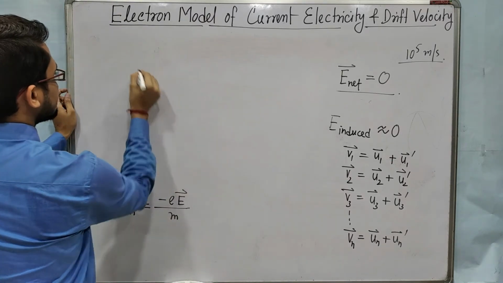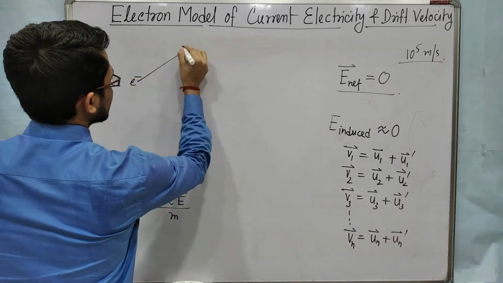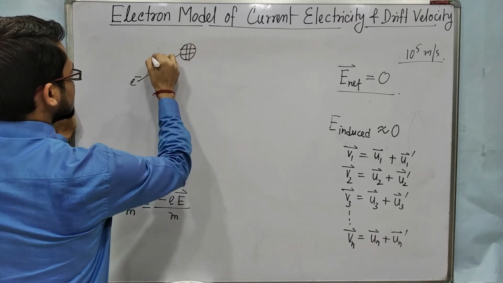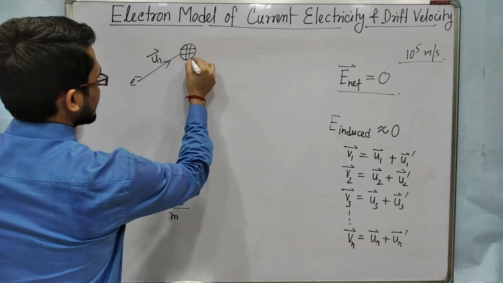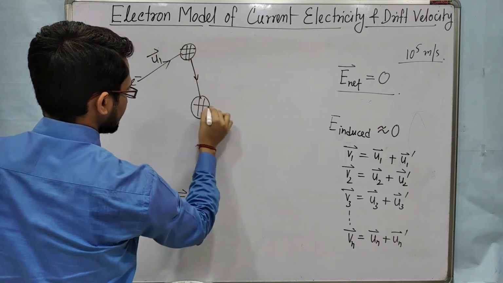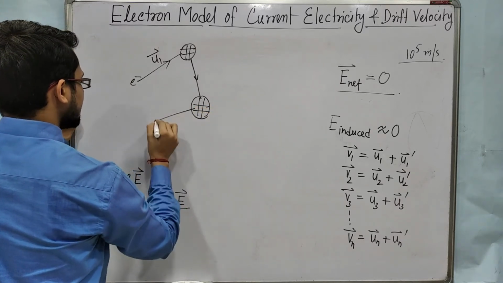So I am drawing another picture, because this kind of thing actually happens. Electrons are moving like this and collide with an ion. Suppose it is moving with E1 here. Then after this collision, it comes through this path. Again a collision, and after this motion suppose it comes through this direction.